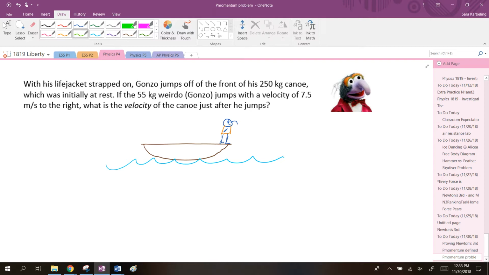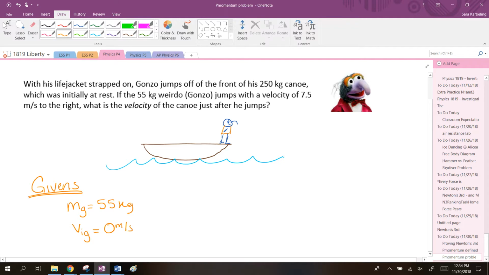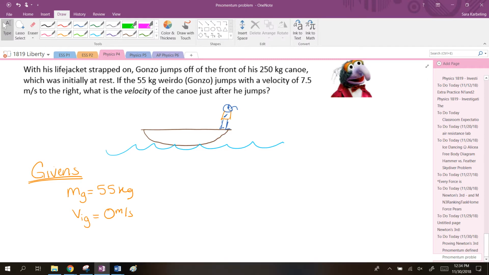Let's write down what we know. The mass of Gonzo is 55 kilograms. The initial velocity of Gonzo is 0. The mass of the boat is 250 kilograms, and the initial velocity of the boat is 0.